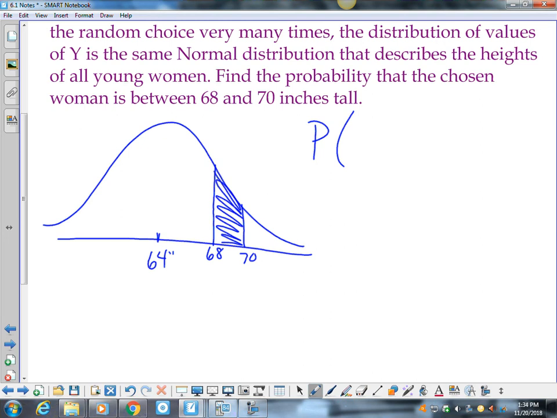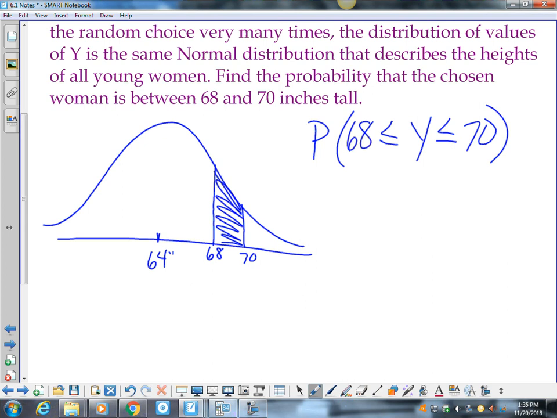Write in stats what I'm trying to find. Less than. Which was? Do you have to have the equal to? It said between 68 and 70, so does that include the 68? Does it not? Technically, it doesn't matter.